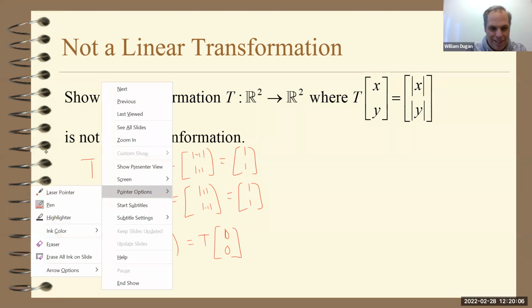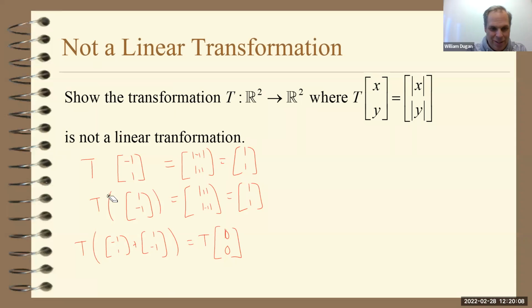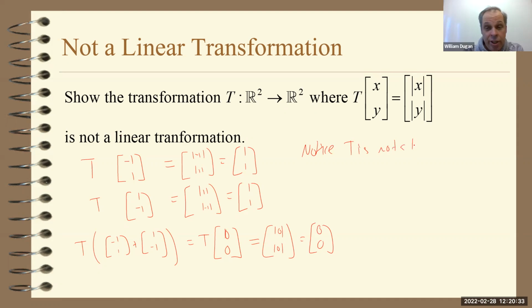I don't need the parentheses here, and I don't need the parentheses there. Well, no, actually there I do, because I have to emphasize that the addition comes first. That would then be the vector absolute value of 0, absolute value of 0, and that would be the vector 0, 0. So notice then, T is not a linear transformation. It's certainly a transformation. It's not a linear transformation.